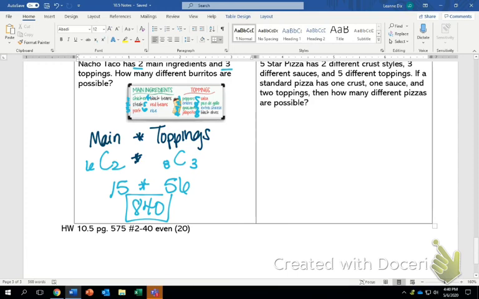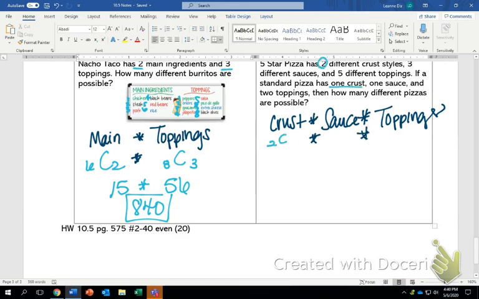Again, we're going to take the different types and multiply them together. We have our crust, our sauce, and our toppings. Then we figure out our combinations. We have 2 different total crust styles, and we can only have 1. So 2, carrying out the multiplication, this would be 2C1.